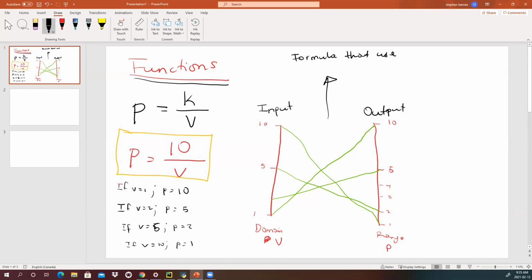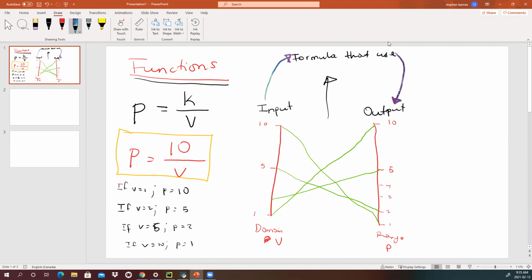So you have an input, which is an initial number, you put that number into a formula, and then you get an output. That's a very basic, simple concept of a function.